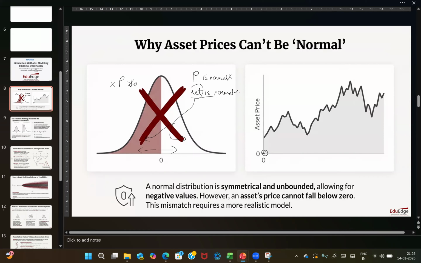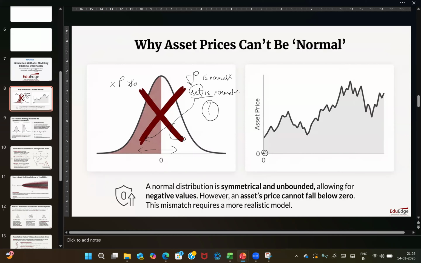Returns are permitted to have, theoretically, values way above zero, way below zero. So theoretically, it makes sense where returns could be normally distributed. Now, whether that really holds in the real world or not, that's a big question mark. But at least from a modeling perspective, instead of saying prices are normal, we will rather assume returns are normal. And we will work with that assumption.